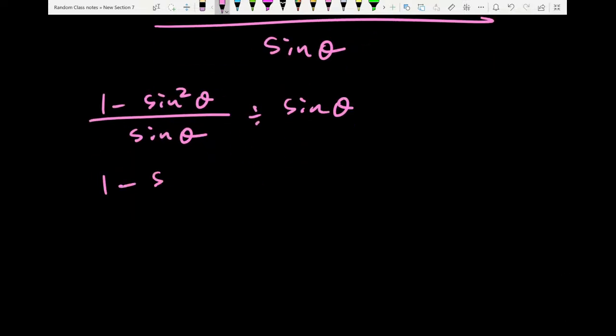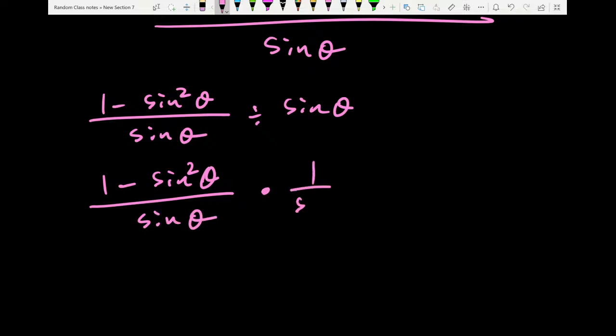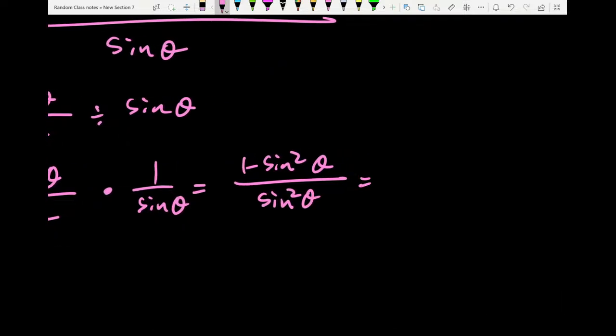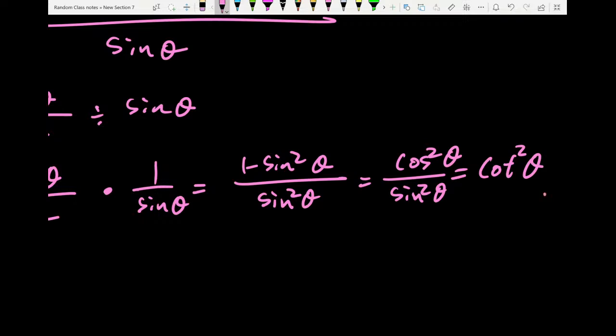Basically 1 minus sine square of theta over sine of theta times 1 over sine of theta. This gets what? 1 minus sine square of theta over sine square of theta. Ooh, 1 minus sine square of theta is what? It's a Pythagorean trig identity, which is what? Cosine square of theta, sine square of theta. It becomes cotangent square of theta.